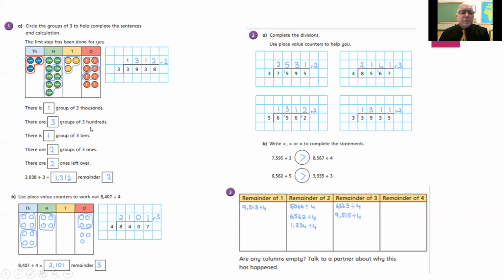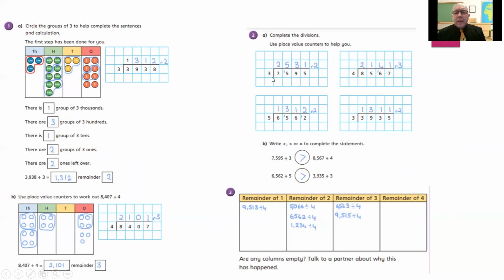We've got 3 groups of 300s, 1 group of 3 10s, 2 groups of 3 1s, and 2 leftovers. So altogether, 1,312, remainder 2, or R2. On B, 8,407 divided by 4, you should have got 2,101, remainder 3. There was 3 left over.